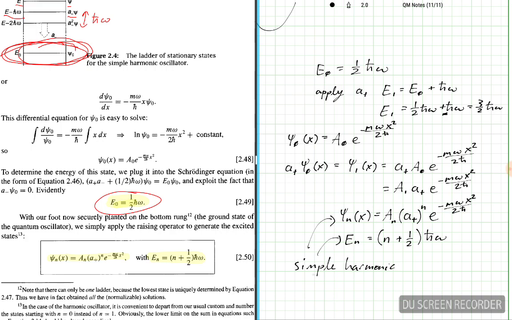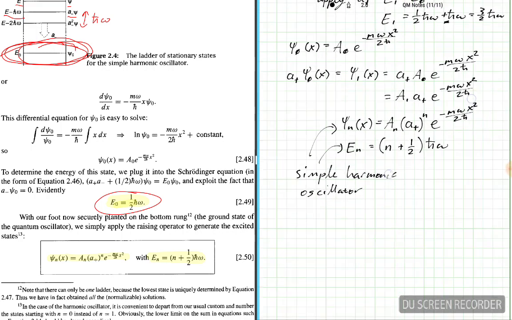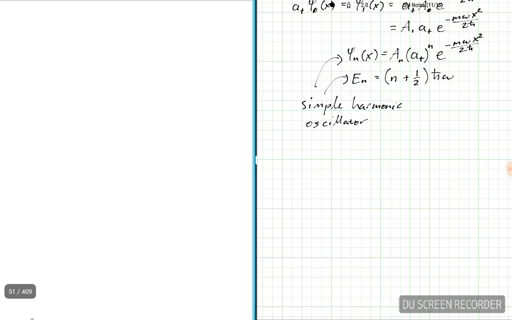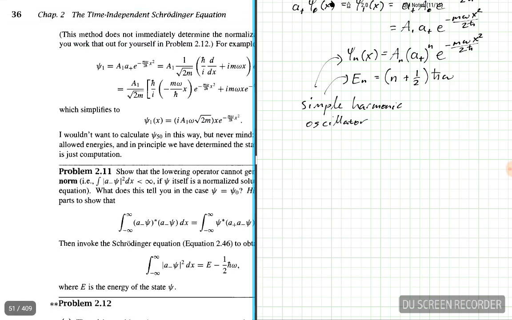It's a very useful solution because simple harmonic oscillators are everywhere. Basically, oscillation is everywhere. And in a certain range, it's appropriate to consider it a simple harmonic oscillator as long as we have sufficiently small oscillations.